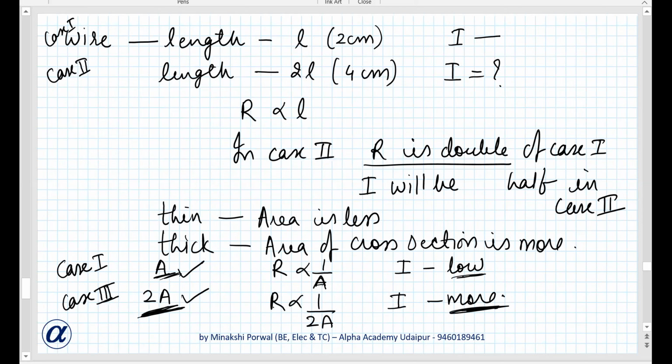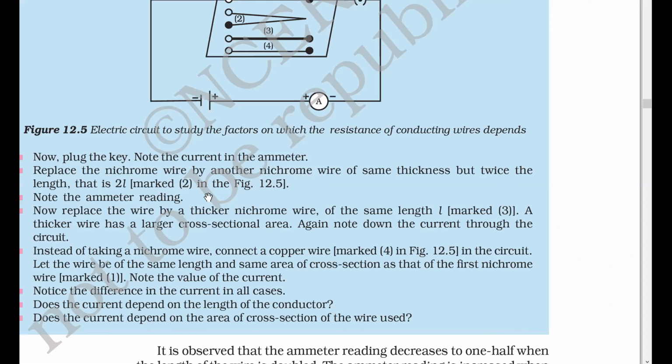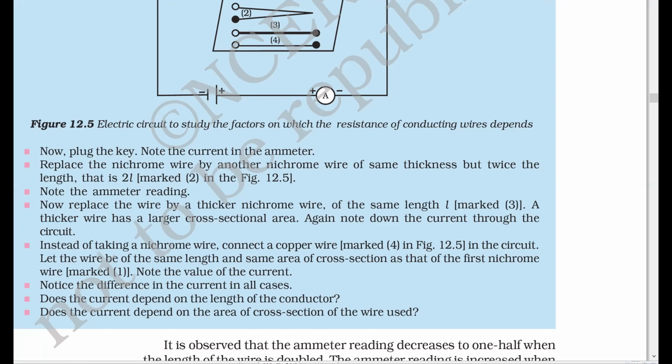Now, replace the wire by a thicker nichrome wire of the same length. A thicker wire has larger cross sectional area. Again note down the current through the circuit, that is the ammeter reading. Ammeter reading is actually the current through the circuit.